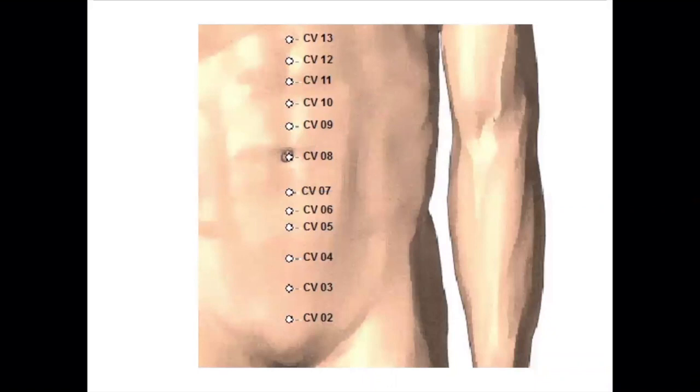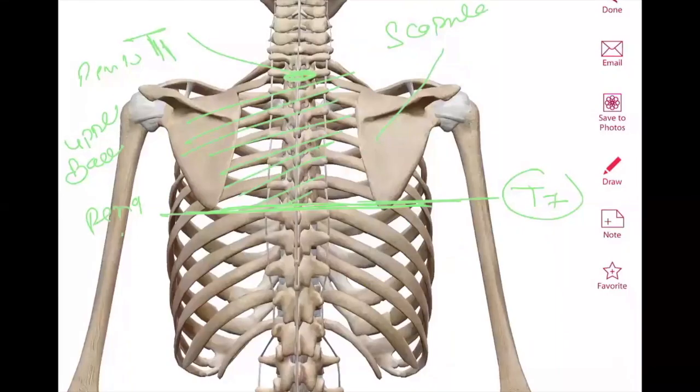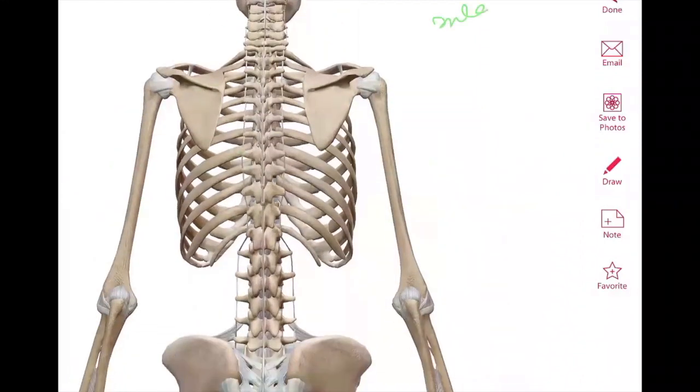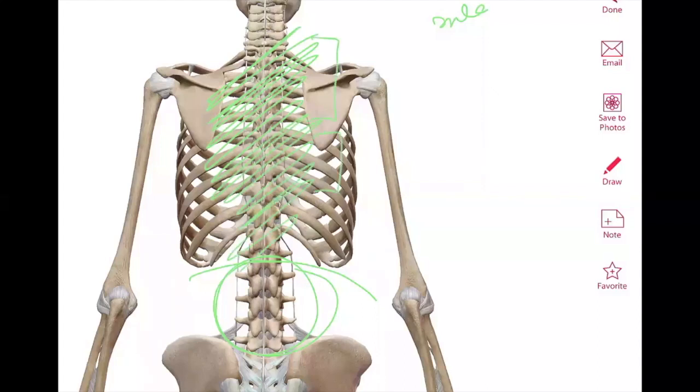So in this way, if someone is suffering with thoracic pain, because the lumbar is here, we are not talking about lower back pain. We are just talking about this area. If we divide this area into three parts, upper, middle, and lower, this is the upper part, this is the middle part, and this is the lower part.